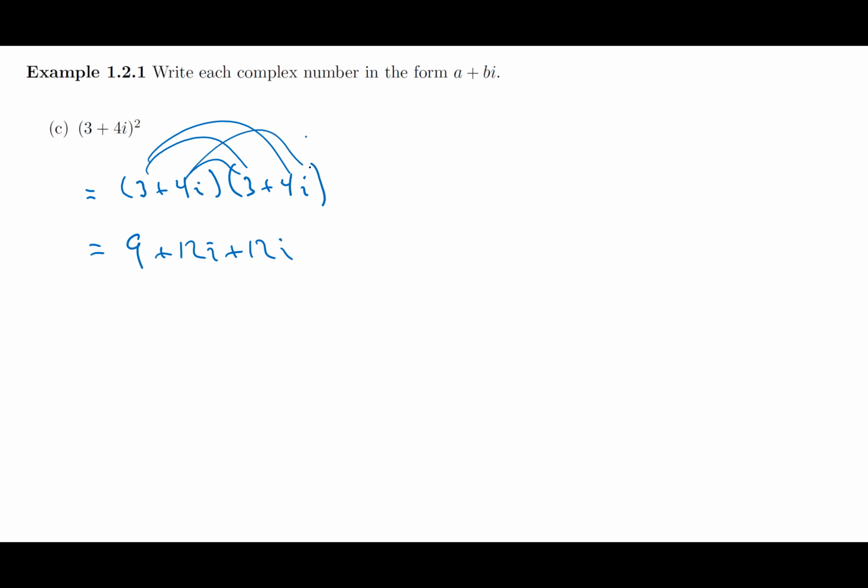And 4i times 4i is 16i squared. So we get 9 plus 24i minus 16, right? Because again, this i squared is really negative 1. And so what is that? Negative 7 plus 24i. Okay, there we go.